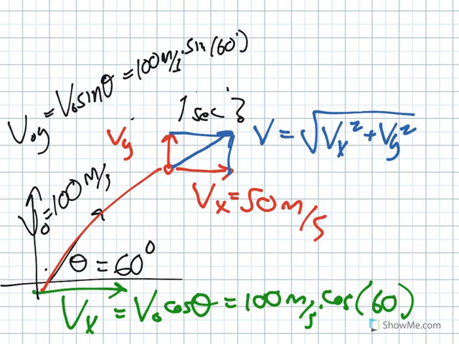Sine of 60 is 0.866, about 0.87. So 100 times 0.87 is 87. So that's its initial vertical velocity. But the deal is it's losing 10 meters per second vertically every second. So if you start off with 87 and you lose 10 meters per second, what's your speed? Yes, it is 77 meters per second.